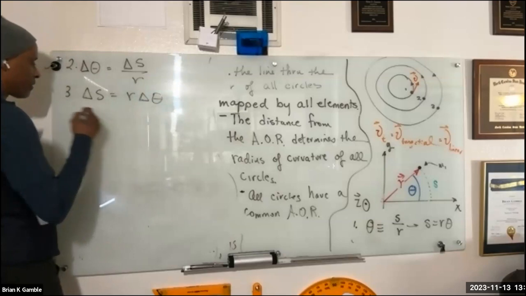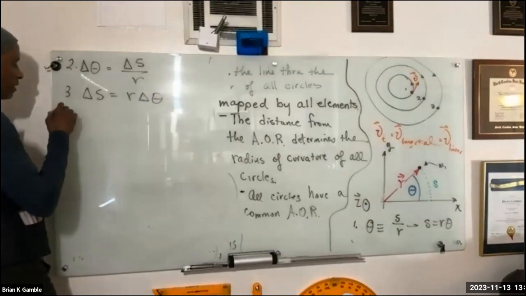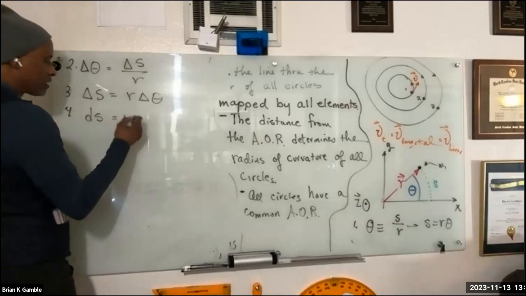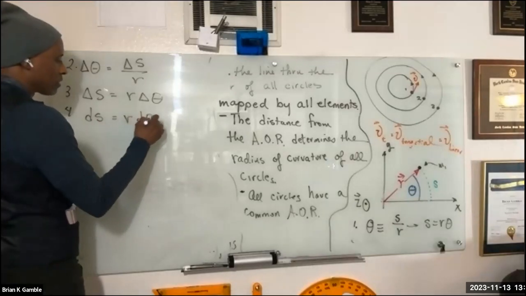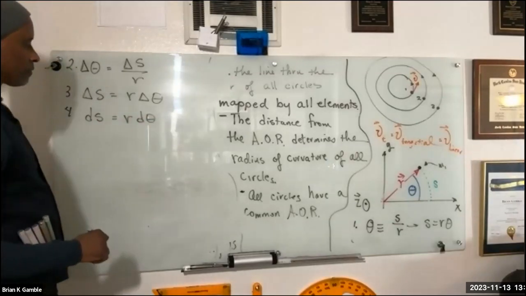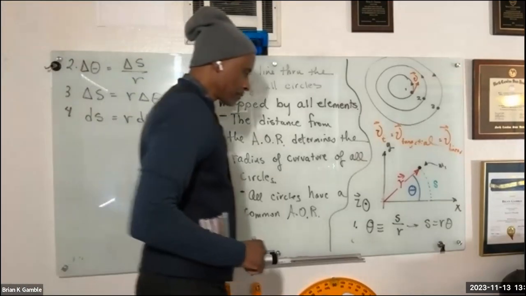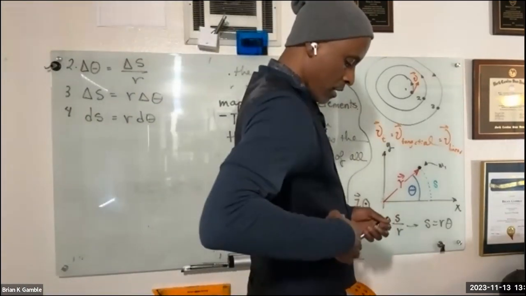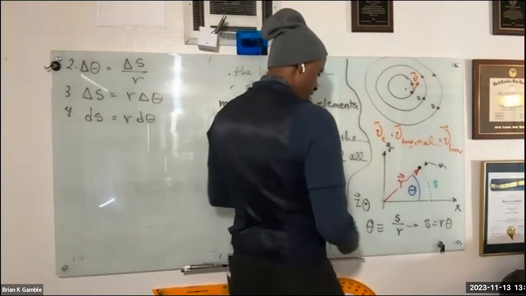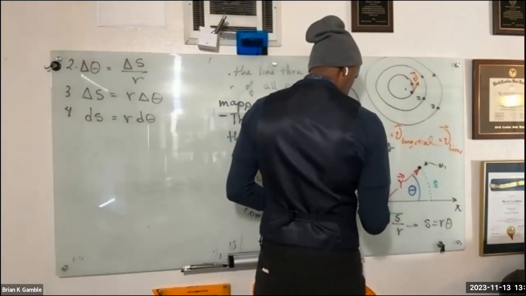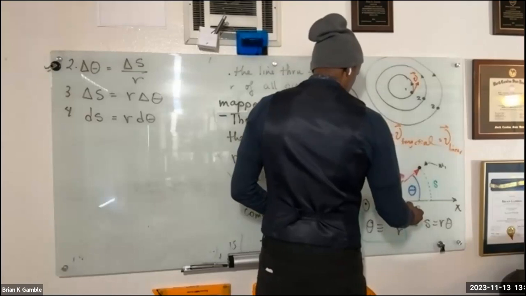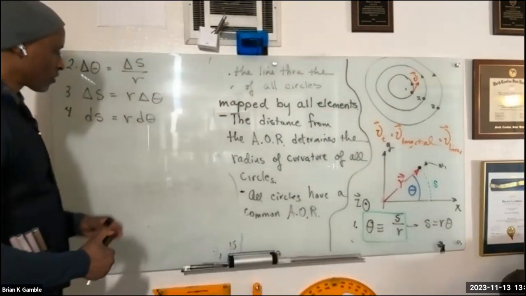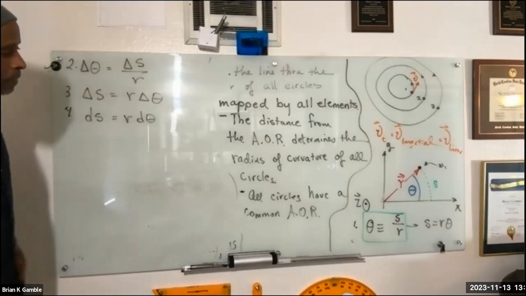As the limit goes to 0, you could say ds, a differential path length, is equal to R times a differential angular displacement. But ultimately, this is a definition. So this is where the arc length formula comes from. It comes out of a manipulation of the definition of the angular position.